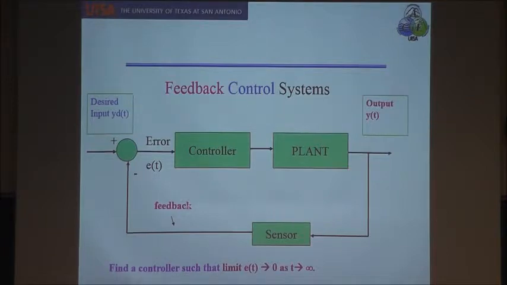So the objective of this control system is to find a controller such that the limit of this error in the long time in the future will become zero. That means you already reached the right orbit and you can now release the satellite and put it in that orbit.